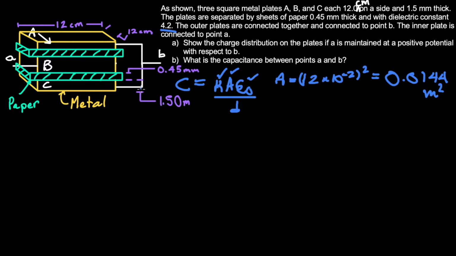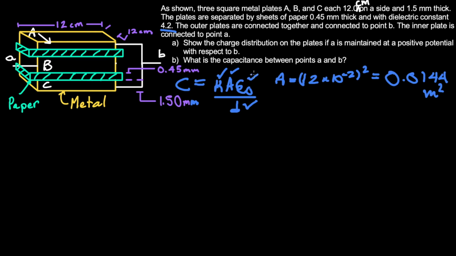And then further, I've also labeled the thickness of the actual metal slabs as 1.5, and then that should be millimeters. Sorry, guys, not 1.5 meters. And so that's going to be 1.5 millimeters. Yeah, and so this is our area of the plate, so we know that. And then we know the distance also because that is 0.45 millimeters.